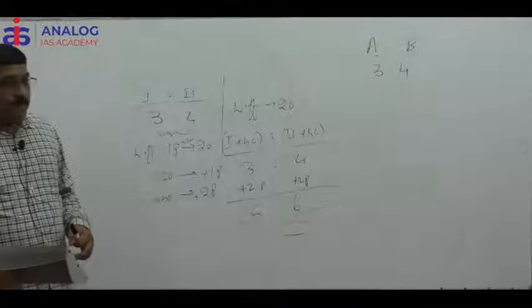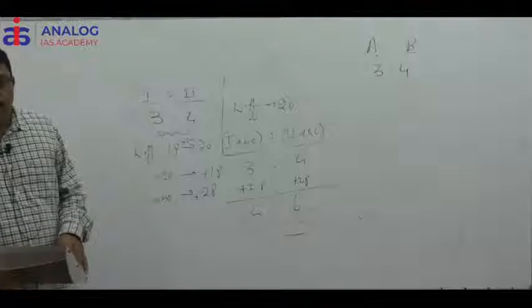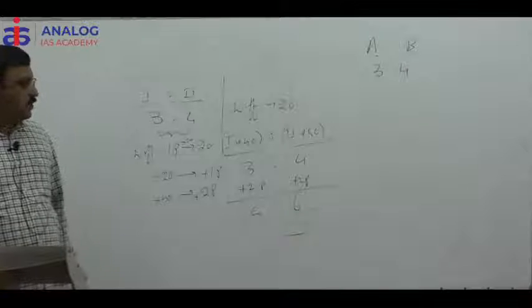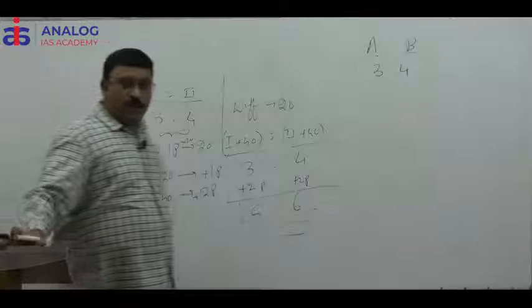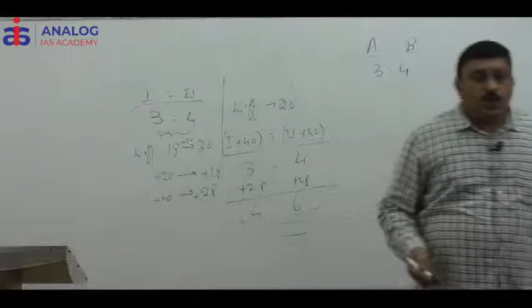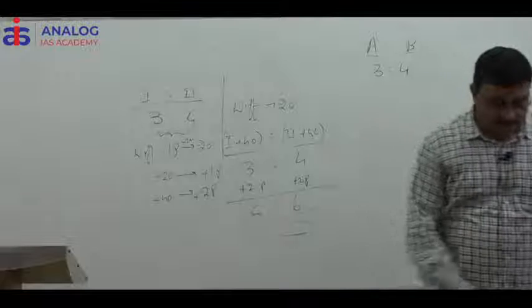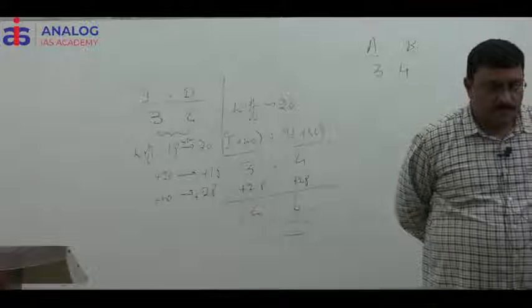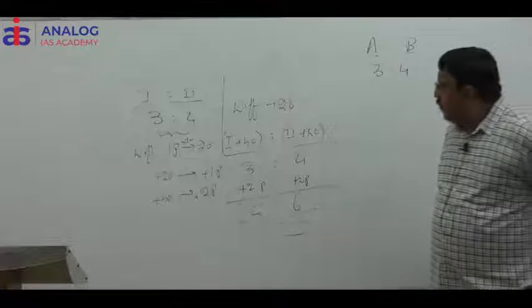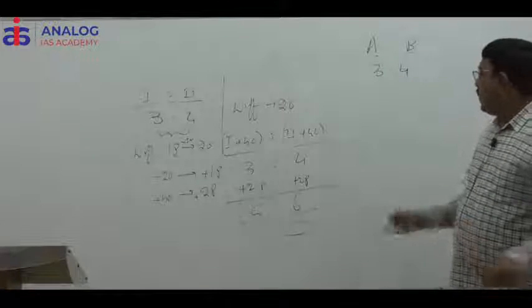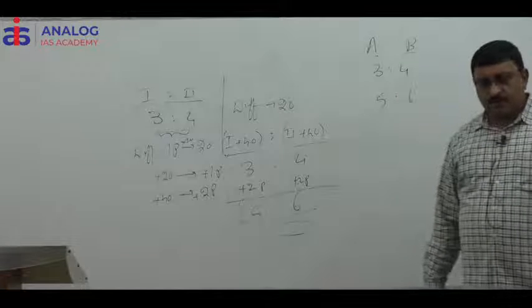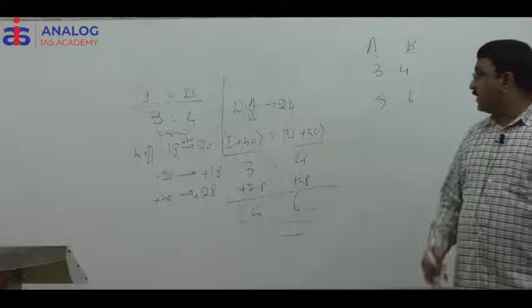If after 20 years, the ratio of their ages will be 5:6.